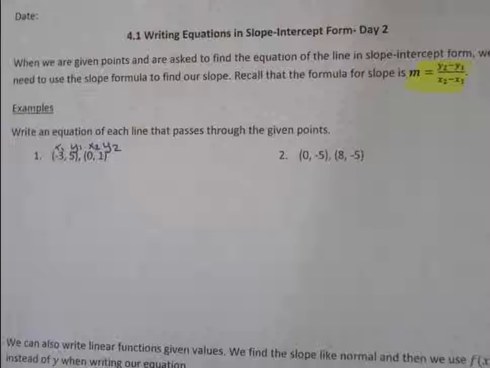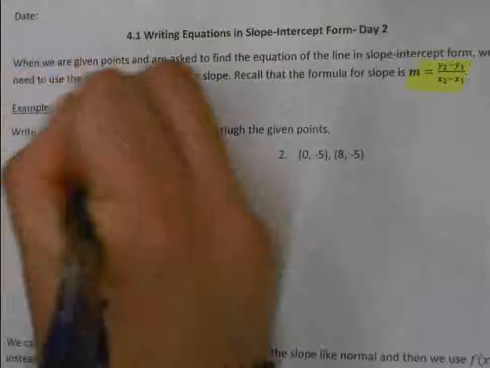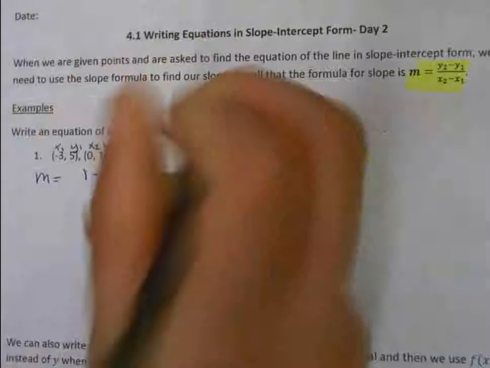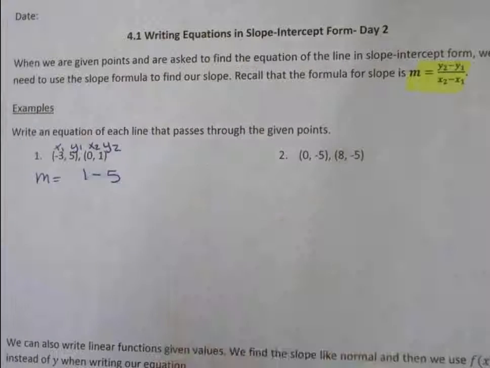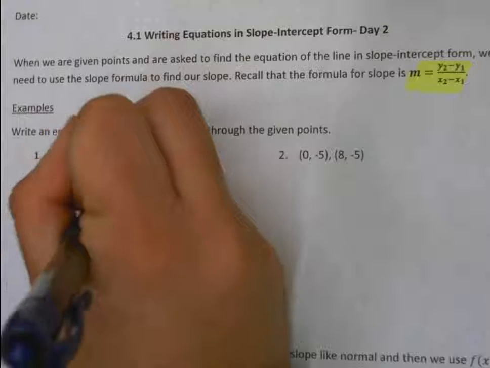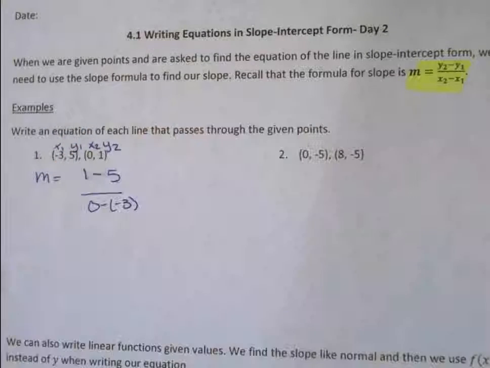Okay, then I'm going to plug into the equation. So I'm going to have m equals 1 minus 5, because I have y2 as 1 and y1 as 5, over 0 minus negative 3.